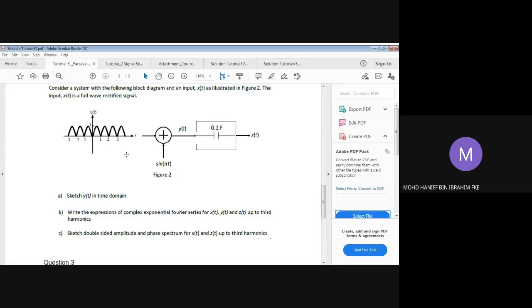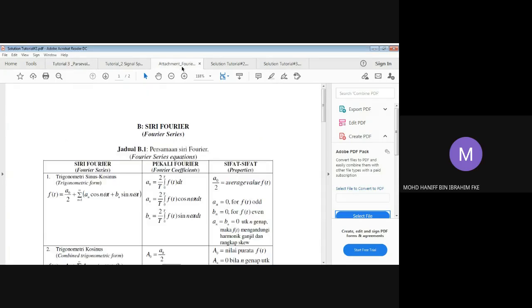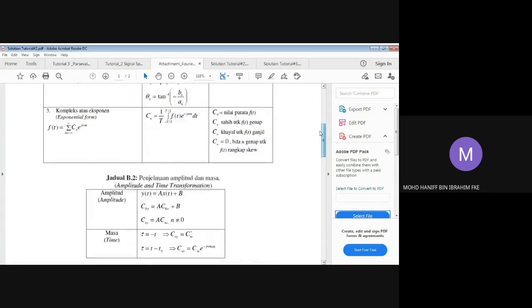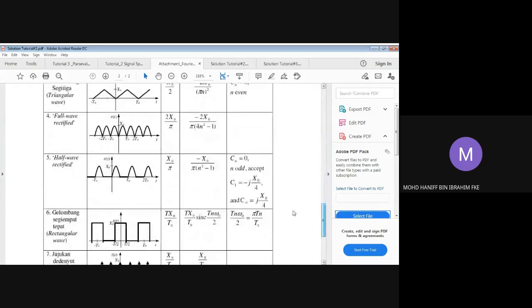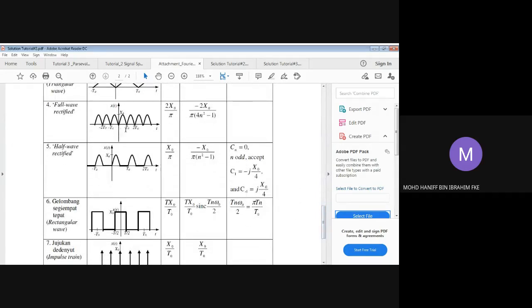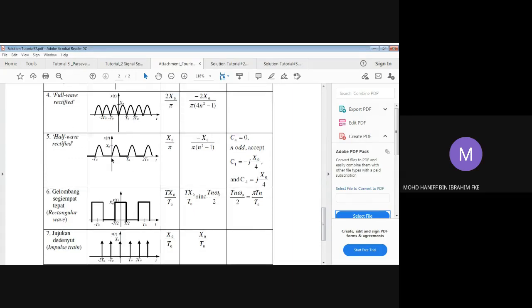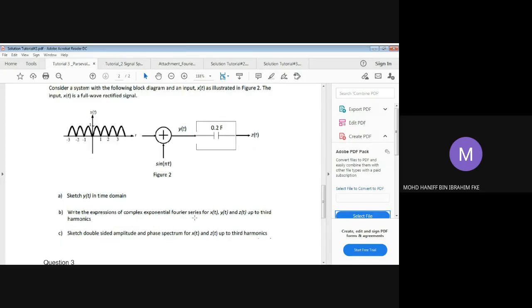You can see that the signals are similar to signal number 4, full wave rectified, and signal number 5, which is half wave rectified. So these signals 4 and 5 shall be used in extracting the Fourier coefficients, to find the Fourier series for x(t) and y(t).